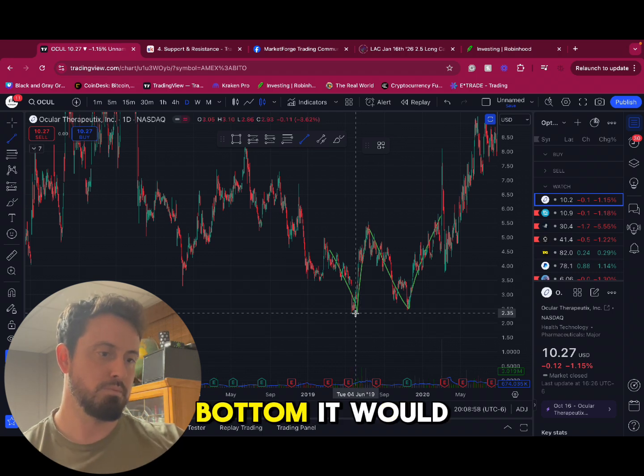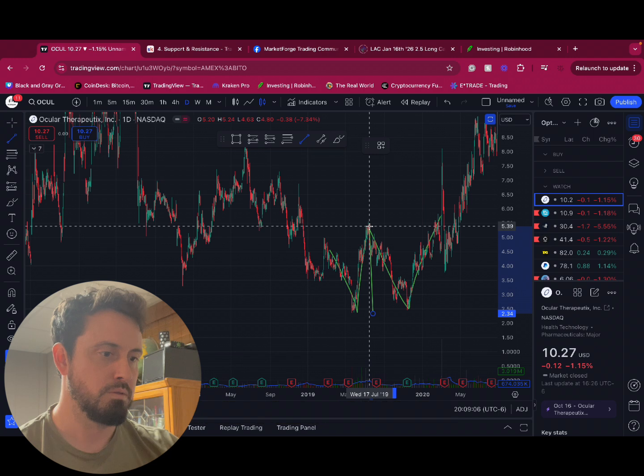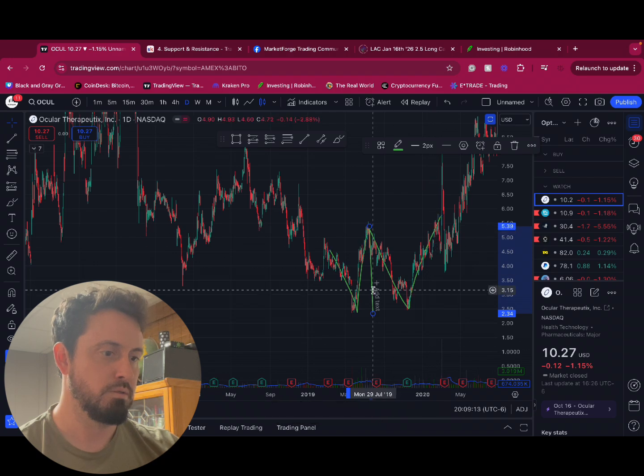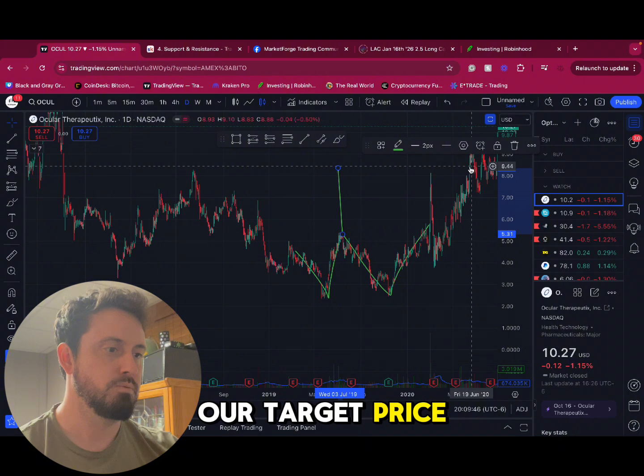On a double bottom, it would be the lowest point, and measuring to point B. So then when we break through point B, we can take this measurement, and our target price would be right here at 848.